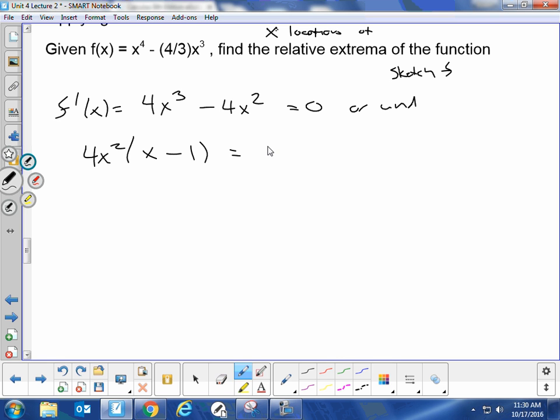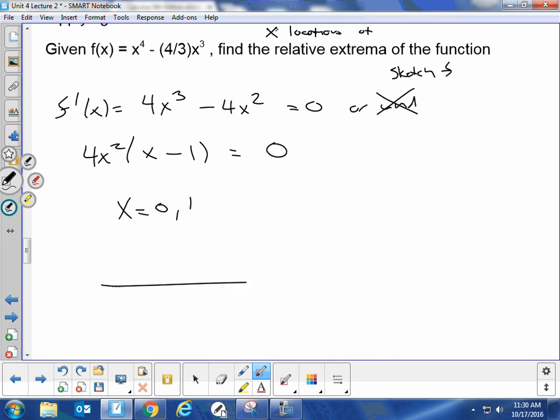Four x squared times x minus 1. That gives you 0 and 1 for your critical points, which means you're going to have to use a fraction as your test point, but that's okay, because you just care about signs.